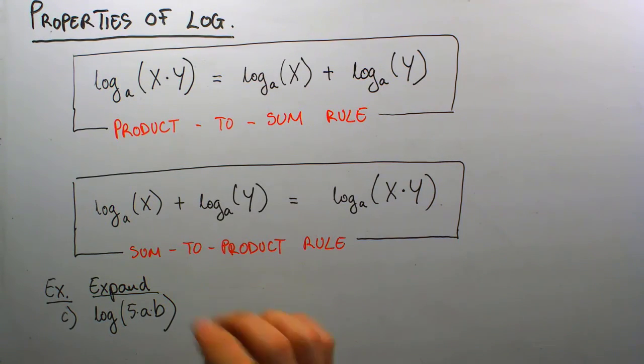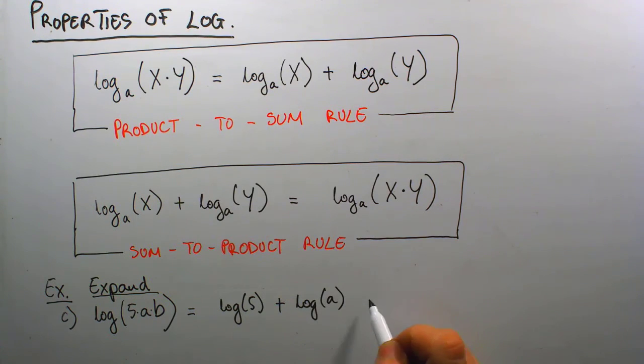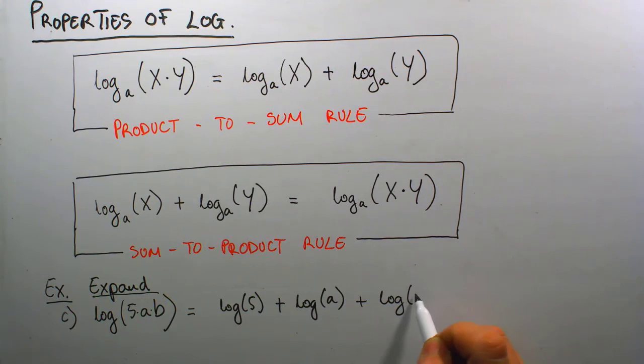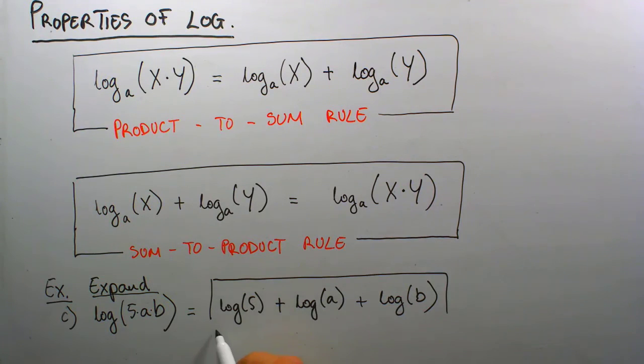So now with the product to sum rule, we can further expand this into log base 10 of 5 plus log base 10 of a plus log base 10 of b. And this is the furthest we can expand.